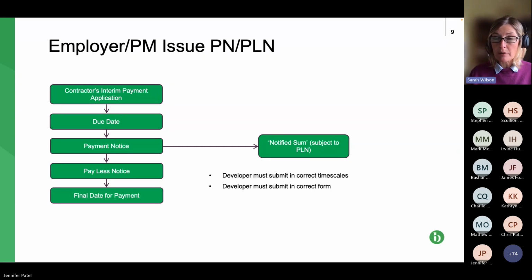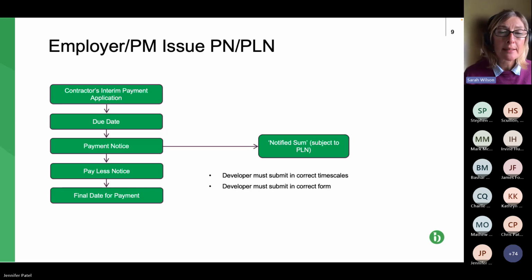It can't be submitted on the 30th. Ditto if it's 7 days. If the 30th is your final date for payment, you can serve your pay less notice on the 23rd or the 22nd or the 21st, but you can't serve it on the 24th, the 25th, or the 26th.